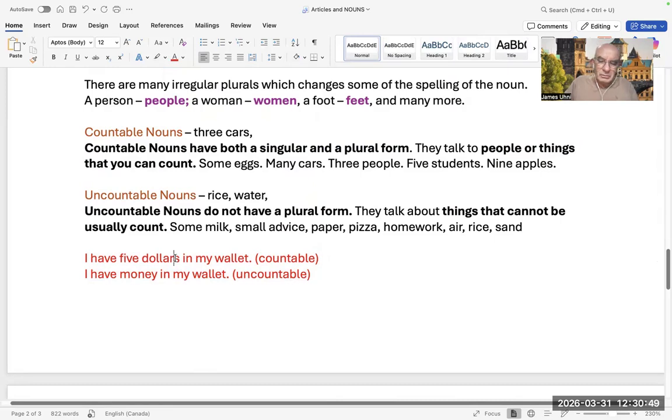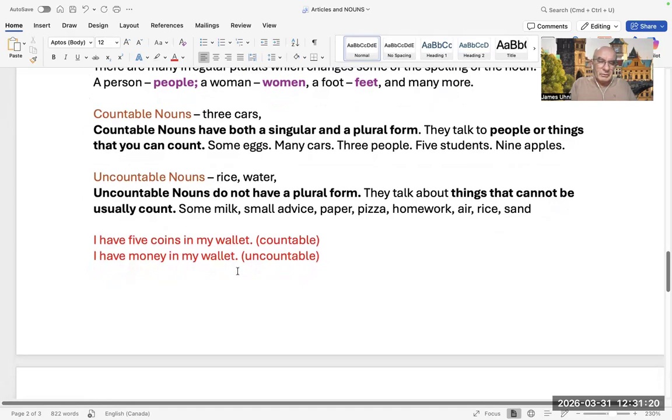So why don't I use coins in my wallet? Can I count them? Yes, 1, 2, 3, 4, 5. But I have money in my wallet. What is money? Is it 5 coins? Is it 5 bills? Or is it 100 coins? We don't know, because we talk about money, and money is uncountable.